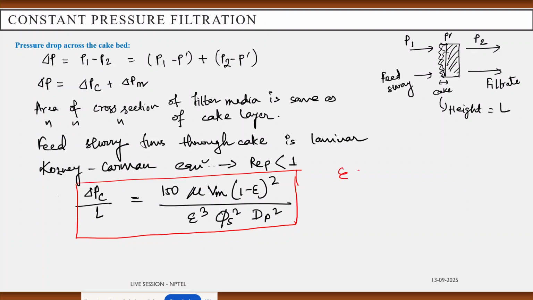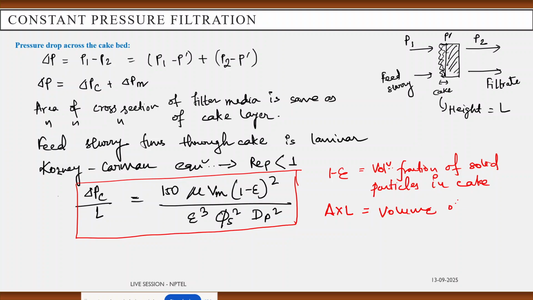Here we can see this 1 minus porosity is the volume fraction of solid particles in the cake layer, where A into L is nothing but the volume of the bed, or volume of the cake, where A into L into 1 minus porosity will be nothing but the volume of solid particles in cake.